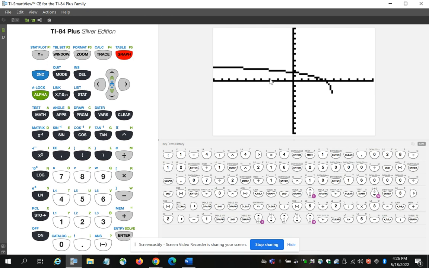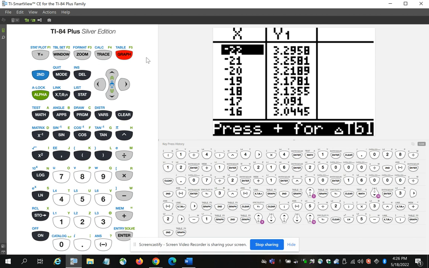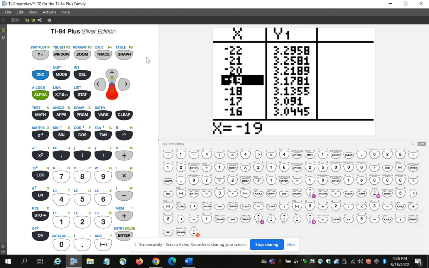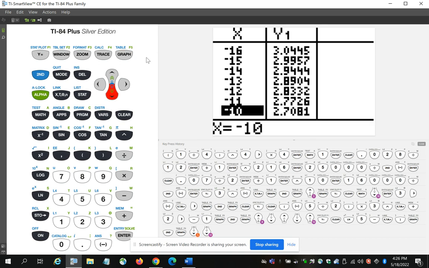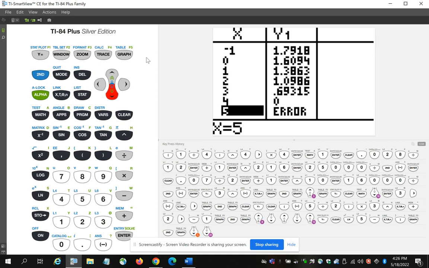It comes in from the left, and it doesn't go beyond, excuse me, not negative 5, but positive 5. Again, you can look at it on the table and see that once we get to positive 5, we begin getting errors. Okay, so we can't put in any values that are bigger than 5.